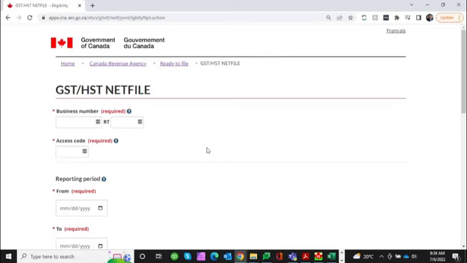It could be 001, 2, 3, or whatever. But if you have just one HST program with CRA, then it's gonna be 0001.